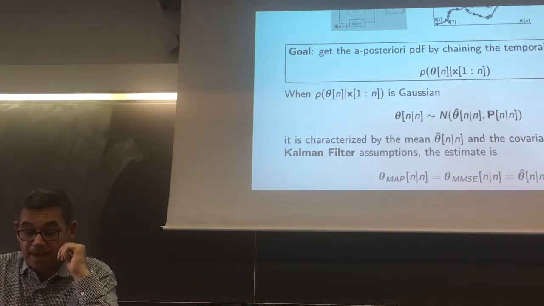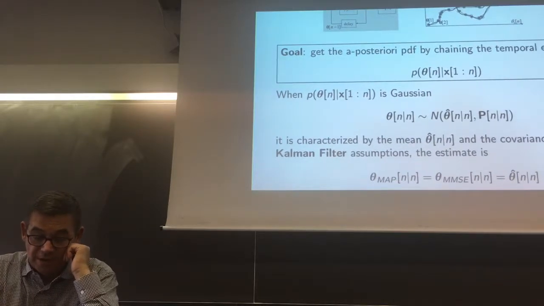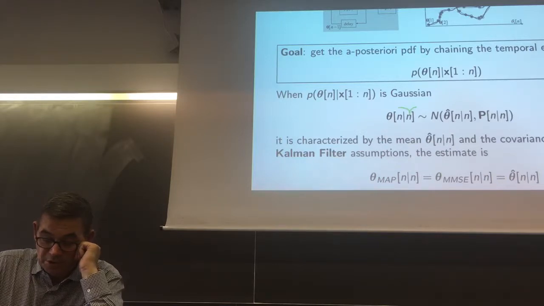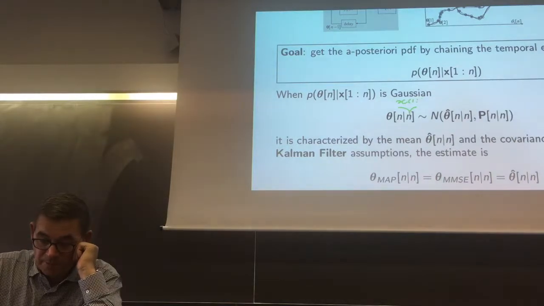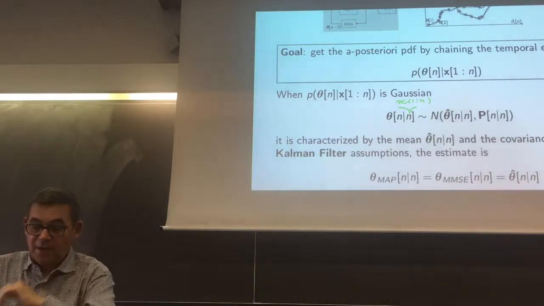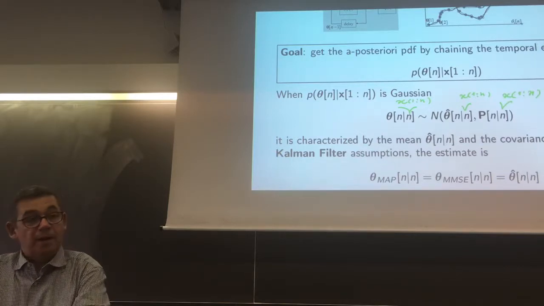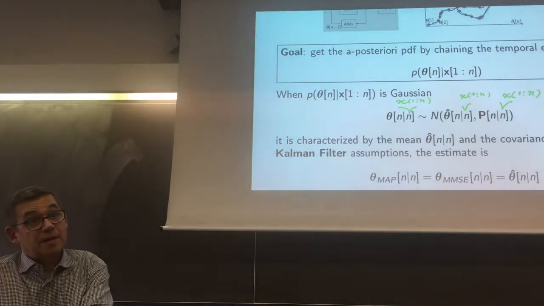Just to recall, this notation means x1 to n. If this one is Gaussian, then it depends on the mean and covariance.